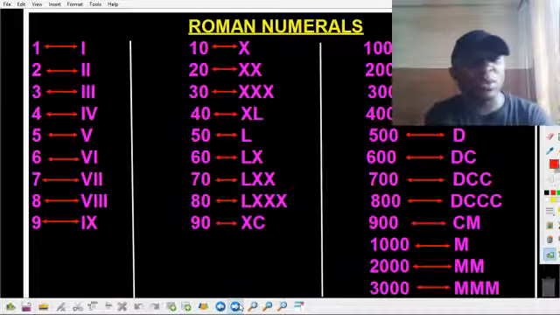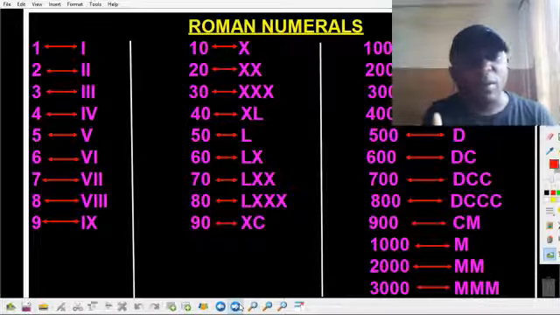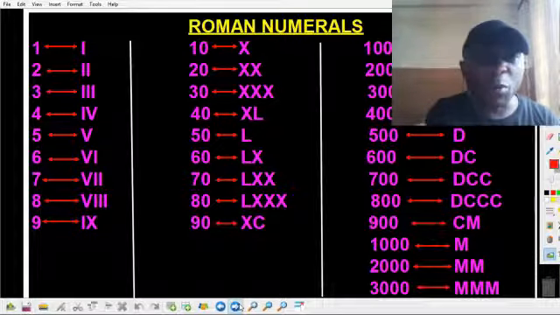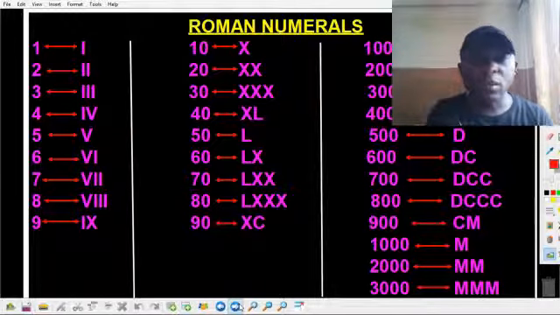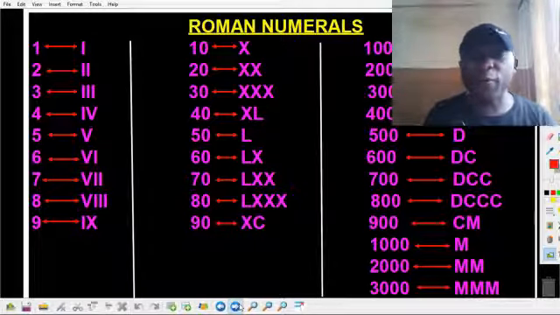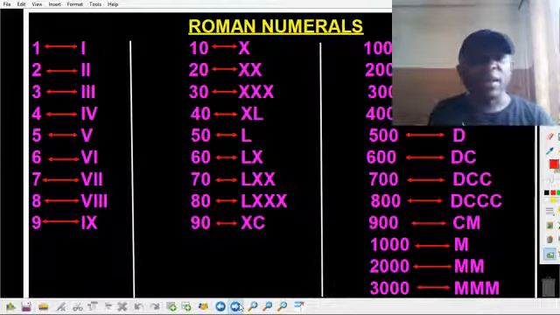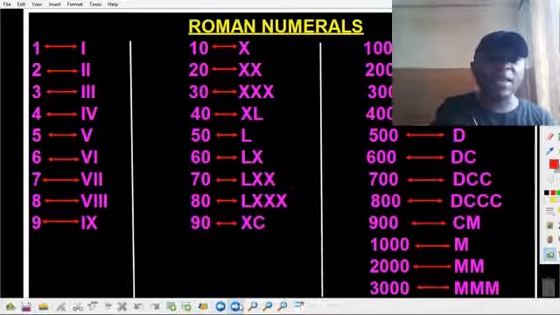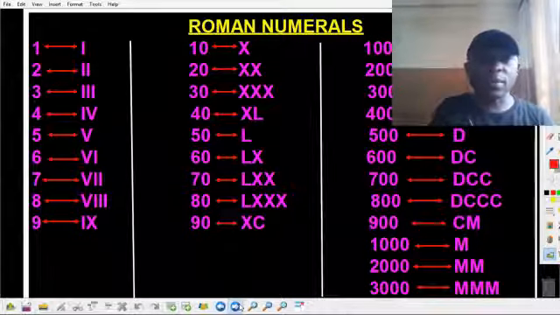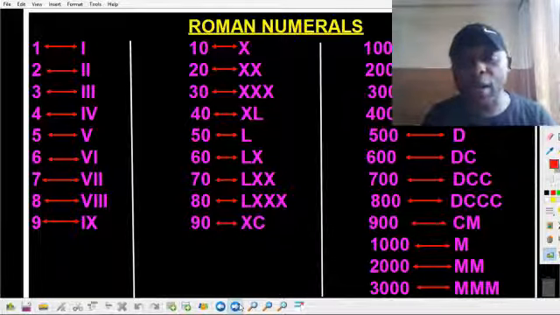Now let's look at Roman numerals. Pupils need to master their Roman numerals, starting from 1 to at least a maximum of 3,000. Here they can master it based on units, tens, 100, and also 1,000.